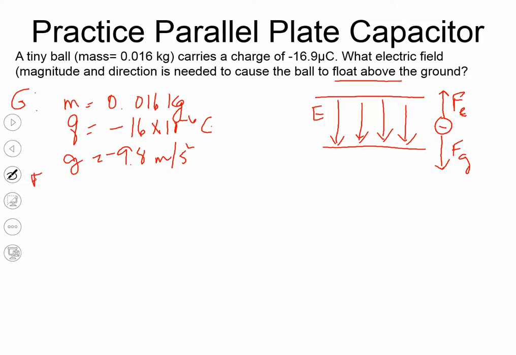And we're asked to find the magnitude of the E field. Our formula that we're going to use here, we're going to use F equals mg, because that's the gravitational force on an object, and we're going to use E equals F over Q, because that's the relationship between the electric force and the electric field.